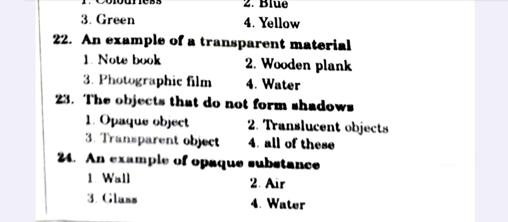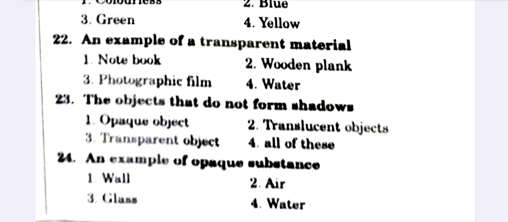Next question, the objects that do not form shadows. So here, which objects are not forming any shadows? Okay, the options are opaque object, translucent objects, transparent objects, or all of these. So here, all of these cannot be the answer, because there are three different types of objects, which give out three different types of images.